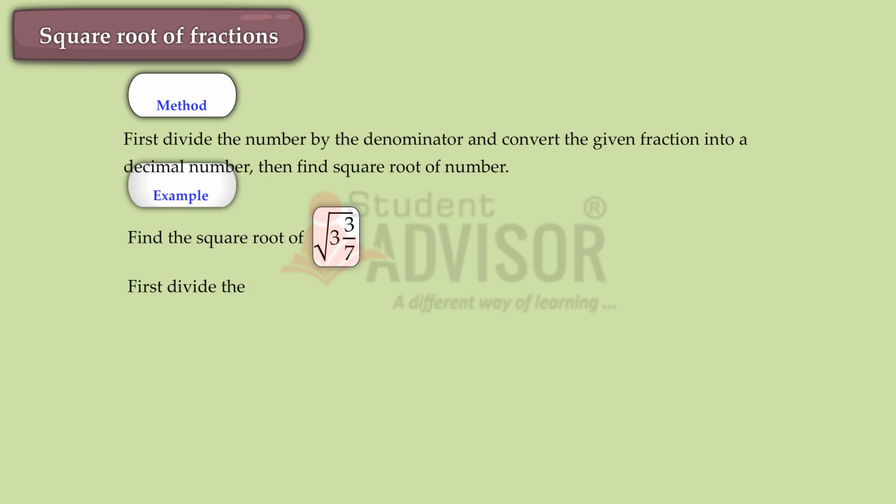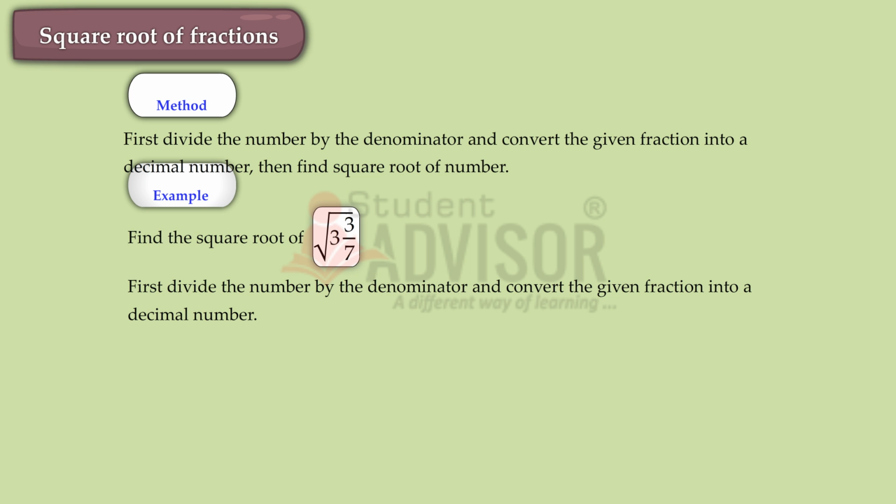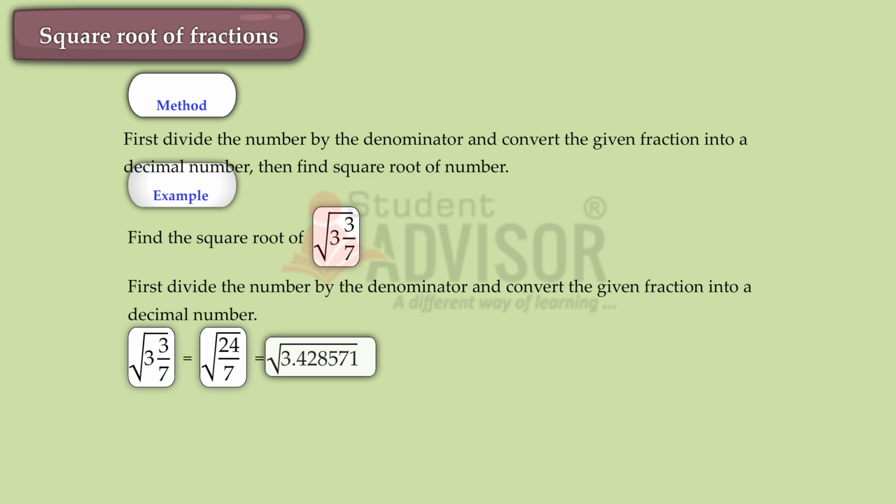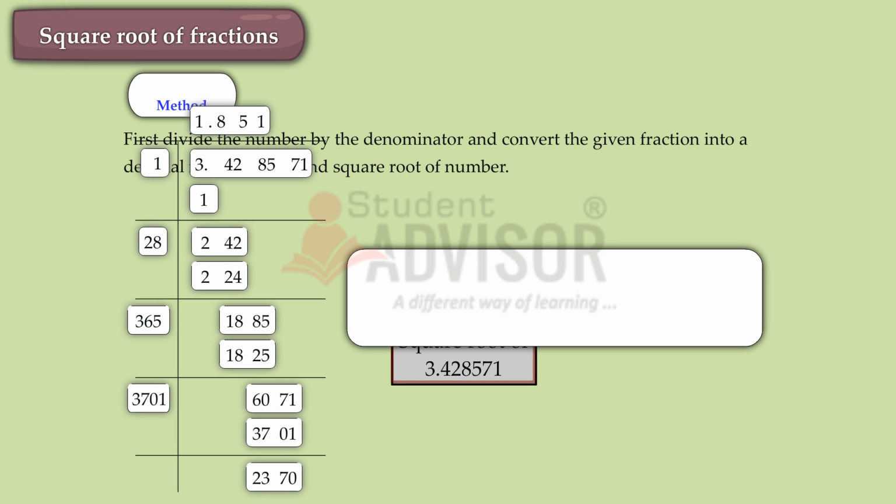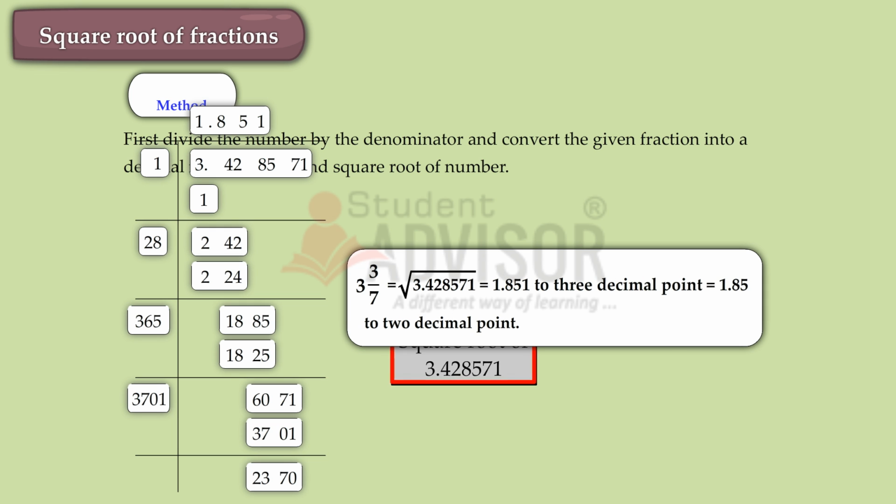First, divide the number by the denominator and convert the given fraction into a decimal number. Here we find square root of 3.428571 equals 1.851.